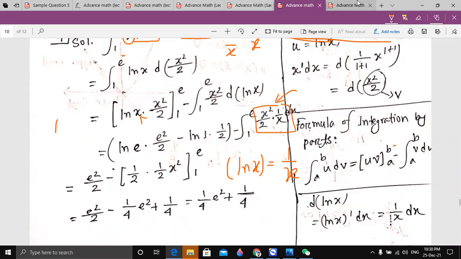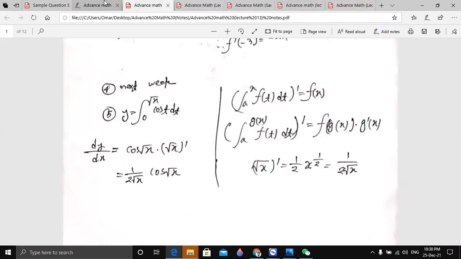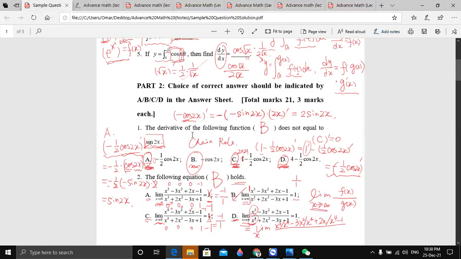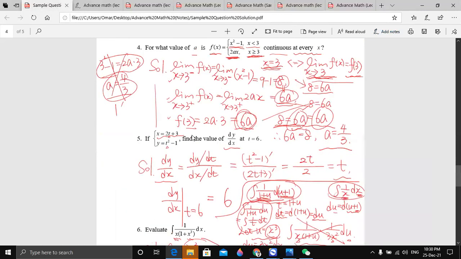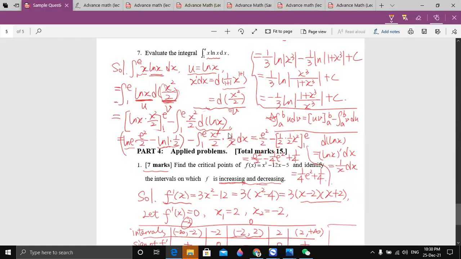Okay, let me check our Laoshi's note. So this is number 7, right? Oh yeah, Laoshi cancel the x from here. Guys, can you see?